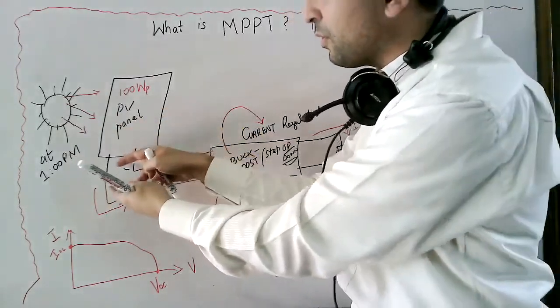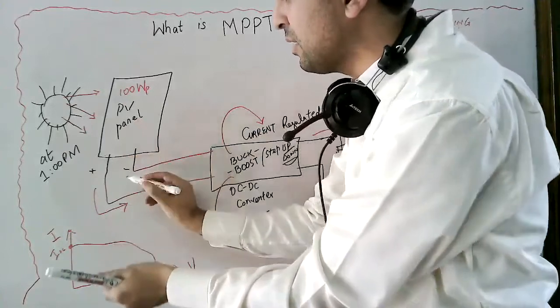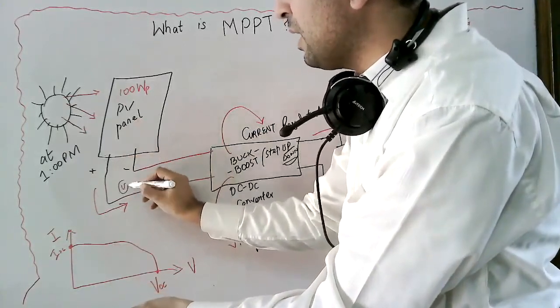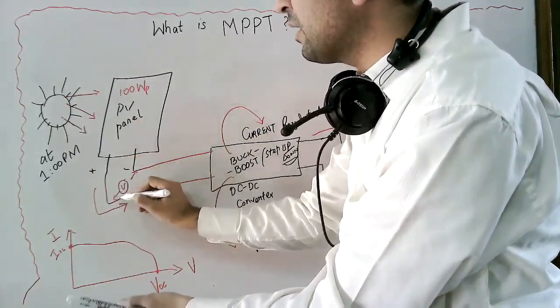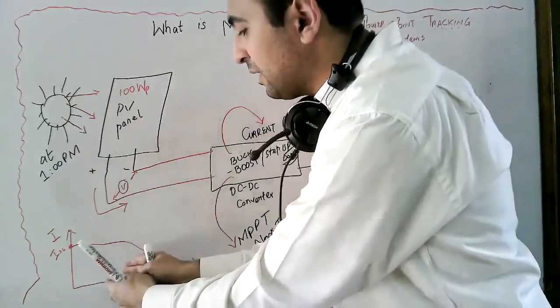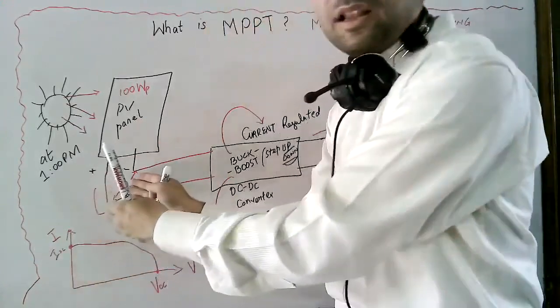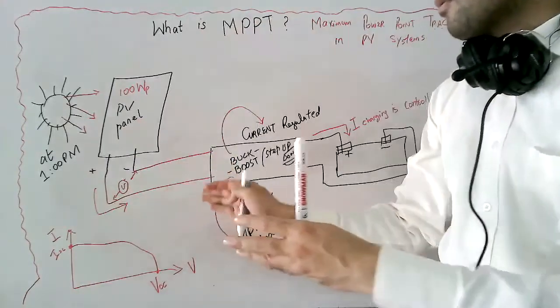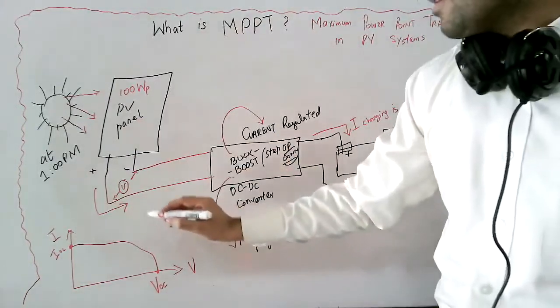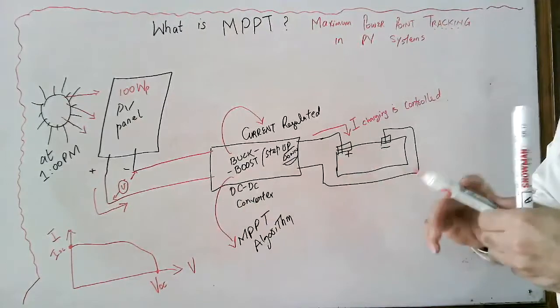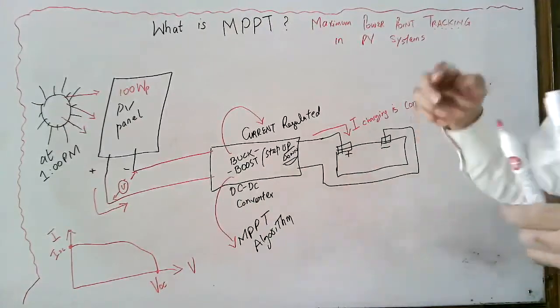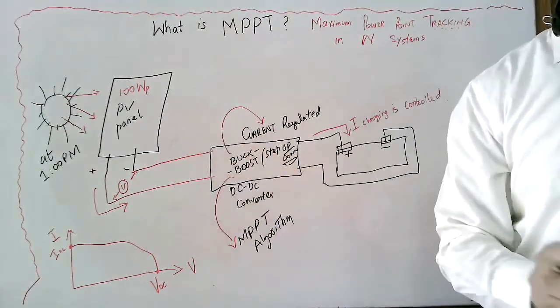As I told you, if you increase the load resistance, the voltage here will increase. If we decrease the load resistance, the voltage here will decrease. So what happens? There is always the check of the power flow.